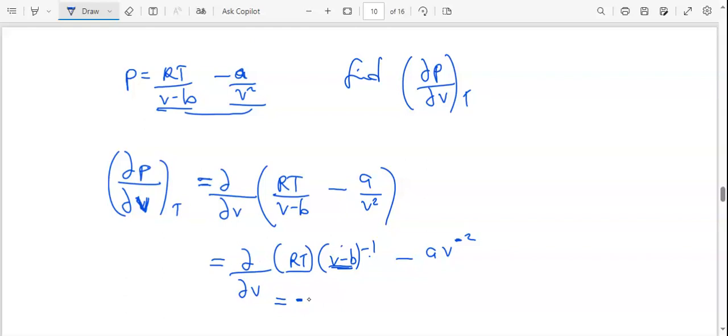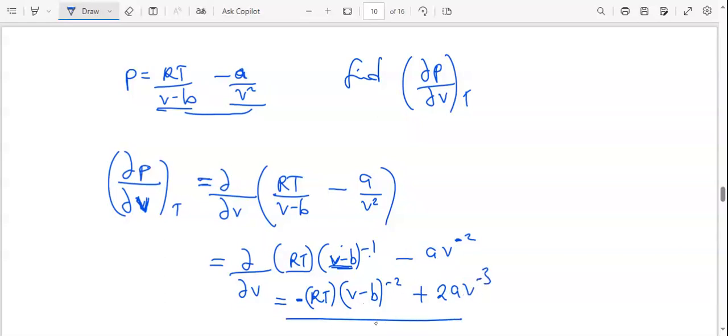Then what we are going to have is negative, the same RT. Differentiating this one will still be the same. Since we have only one volume, it will give us 1 after applying the chain rule. So that will be V minus b to the power of -2, then minus, which changes to plus, then it will be 2, then a, then V to the power of -3.